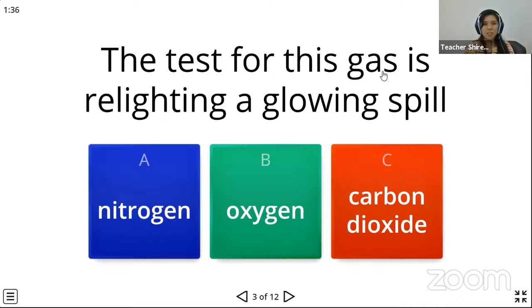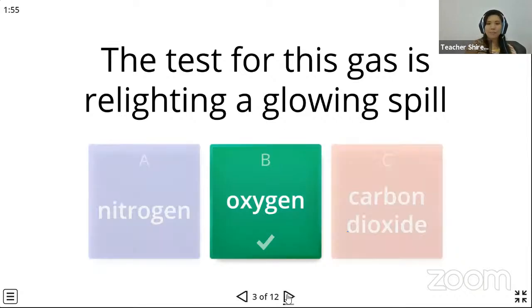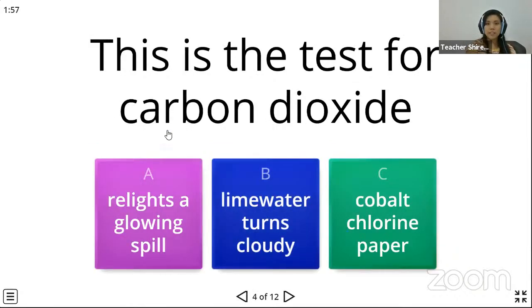Okay. What helps to burn? Glowing, burn. What did I mention about burn? What kind of gas needed to burn? Okay. This is a test for carbon dioxide.